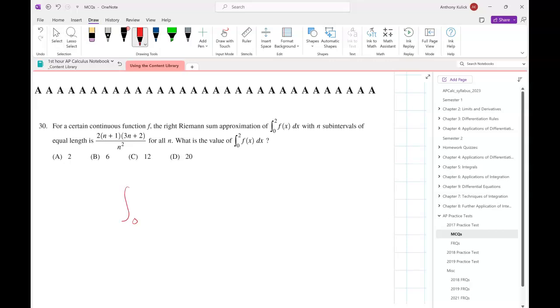So, what's the limit definition for a derivative? It's the limit as n approaches infinity of the sum from i equals 1 to n of like f of x_i star times delta x or something, right?